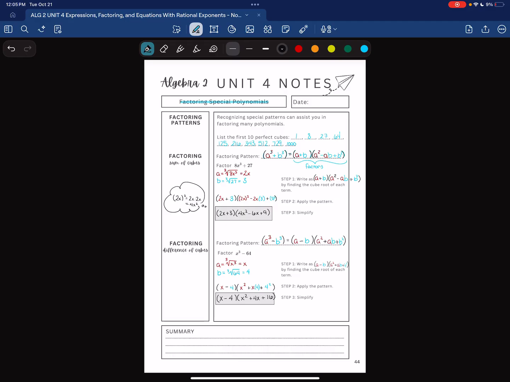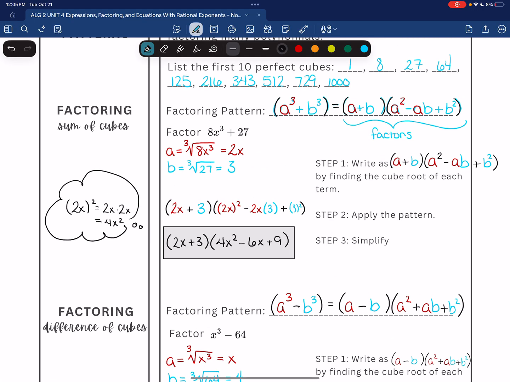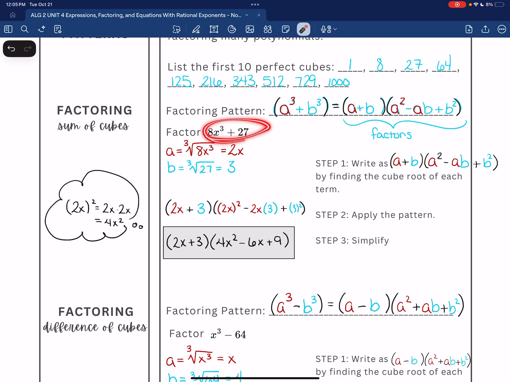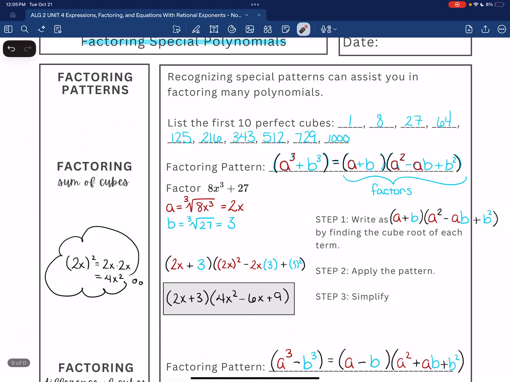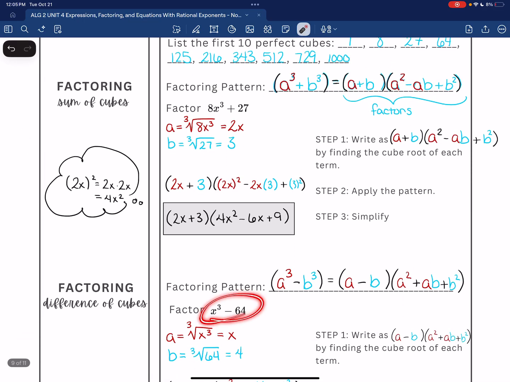If not, then you would probably be really stuck if you didn't recognize, oh yeah, this problem right here is a sum of cubes. This is a difference of cubes. We've got to be able to recognize that this is that pattern and that this is the factored result when you're able to factor that down further.